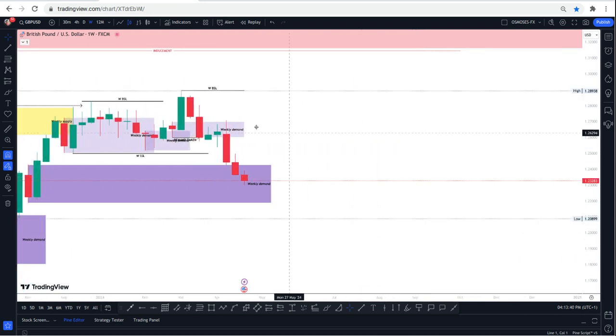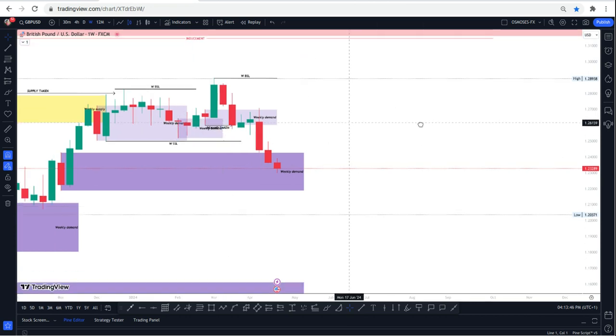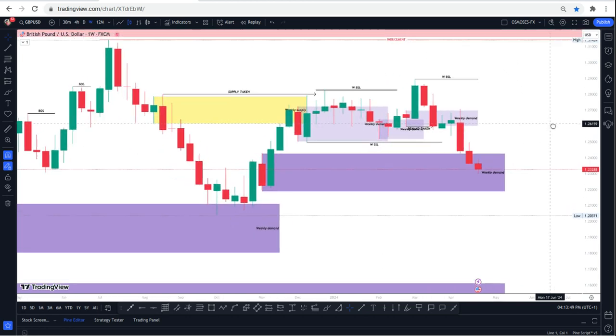I would just love to see a liquidity flip and a change of character before I engage.